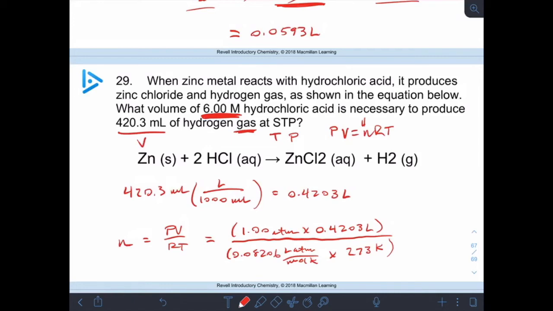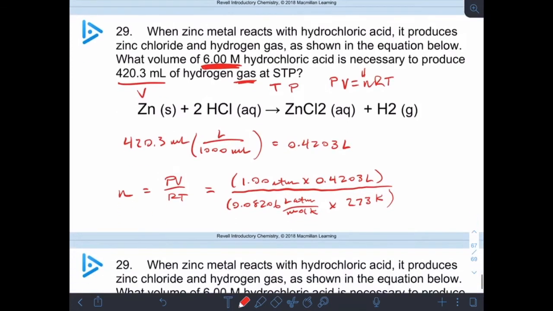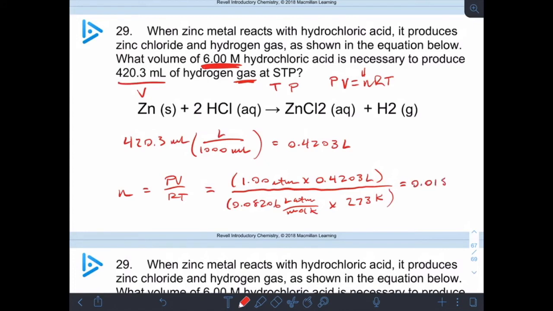Okay, and we're going to calculate that super fast. 0.08206 times 273, and we have 0.4203 divided by the answer. So we should get 0.01863 moles of H2 gas.